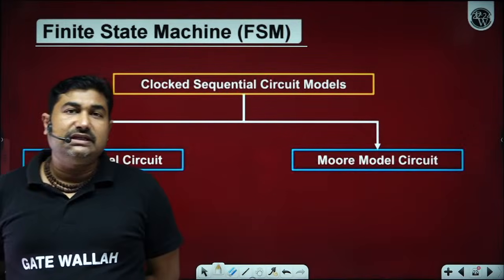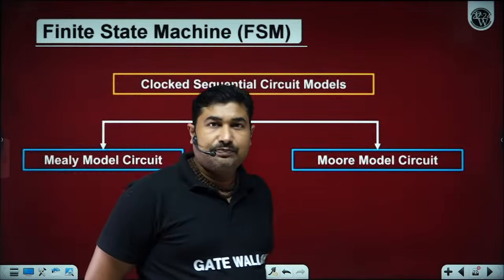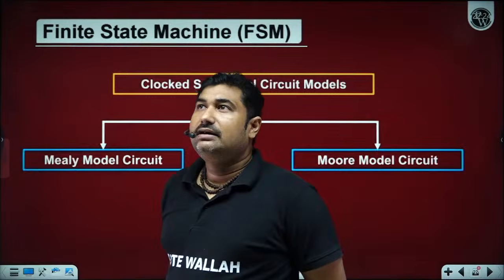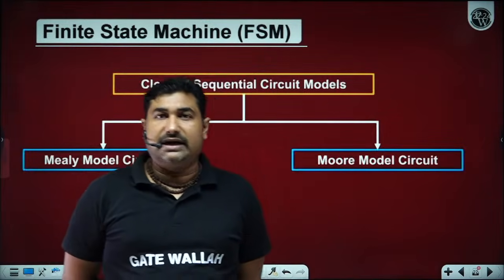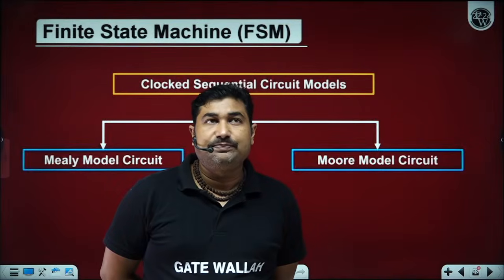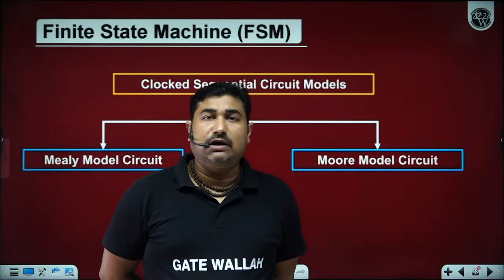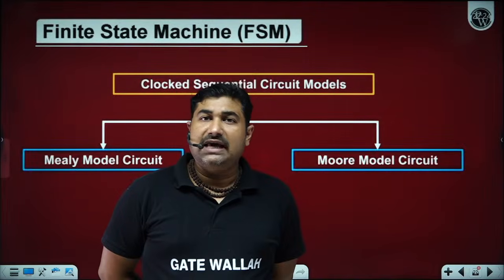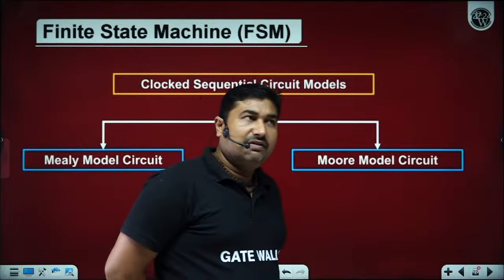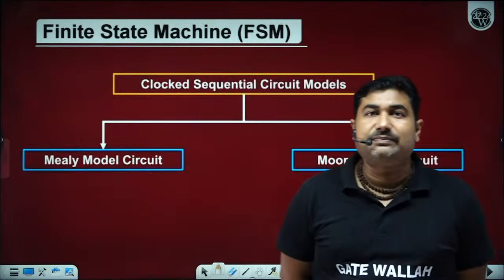See, we have seen counters. In counters, you can design a desired number of states and you can design a desired synchronous counter. If we talk about any kind of counter which has a finite number of states, then that counter comes under a finite state machine.